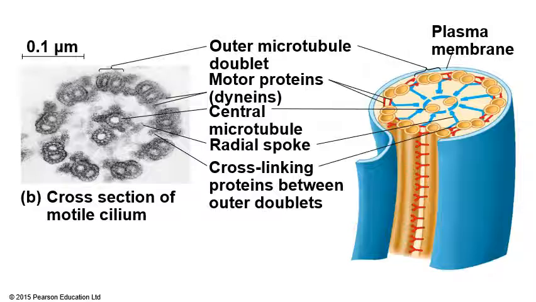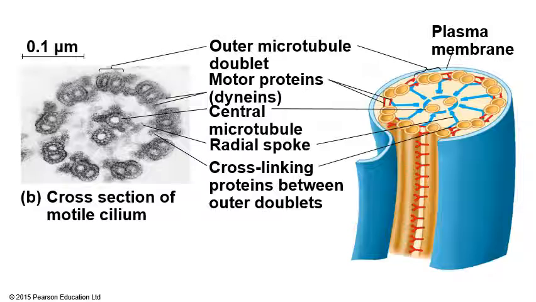And after that, when they coordinate their motion in the opposite direction, the cilium bends from the left-hand side to the right-hand side. So it can move from one side to the other and back, back and forth, back and forth like that.